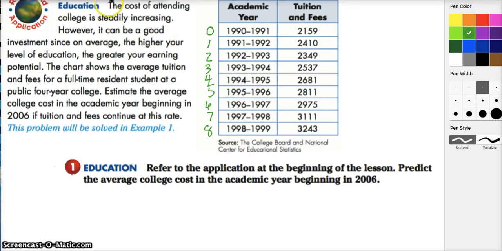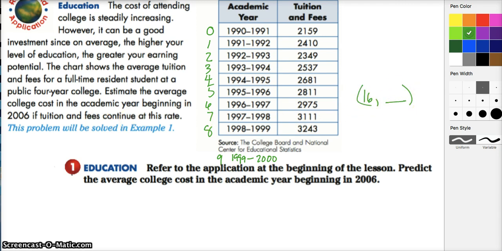Now I can use that to tell me what 2006 would be. Can you think about what 2006 would be? Well, we know that 1999 to 2000 would be 9 according to our numbering system, and therefore 2000 would be 10. So we are looking to predict for 16, because that would be the academic year 2006-2007. So that's what we're looking for.